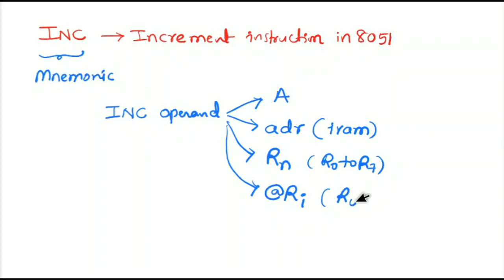In this case either the R0 or R1 registers can be used, and one more operand is possible, that is DPTR. So you can increment the data pointer also, and each combination is encoded with different codes that we will see.